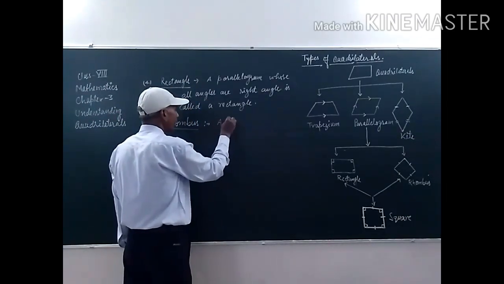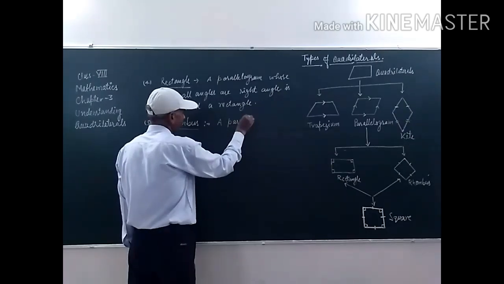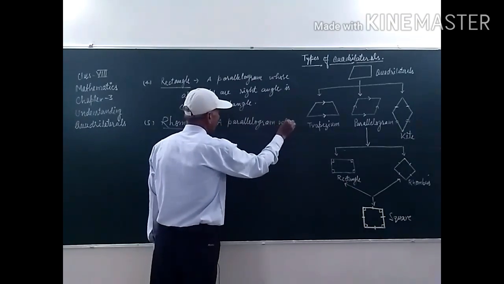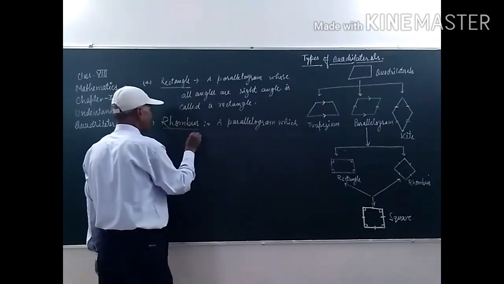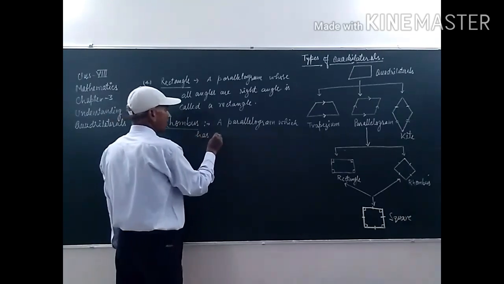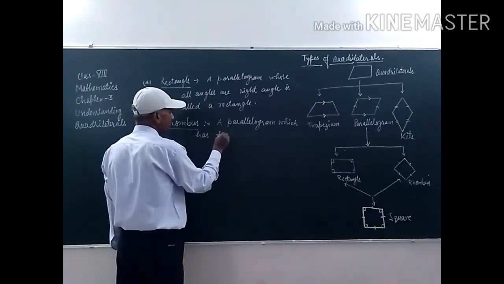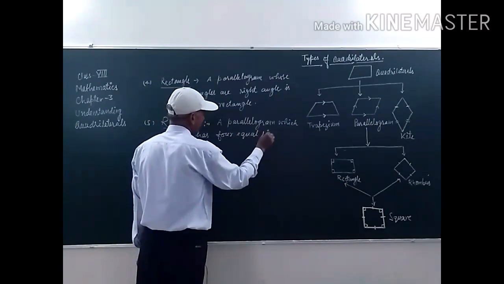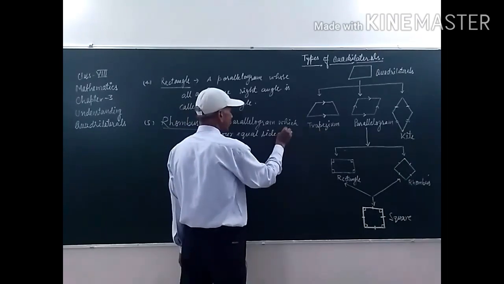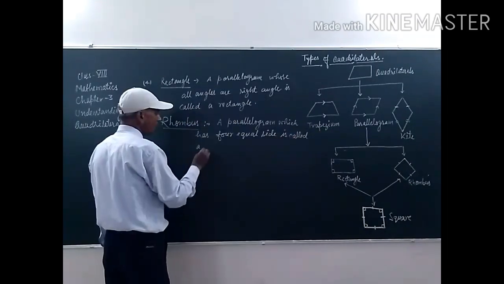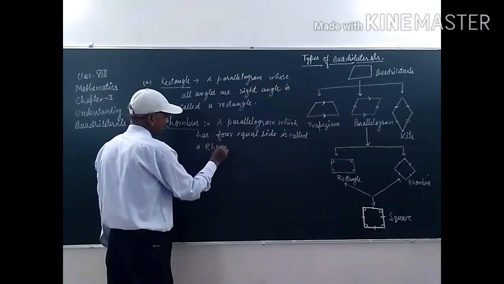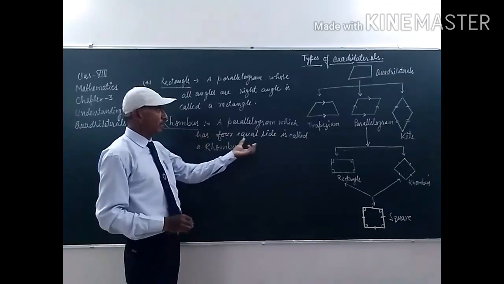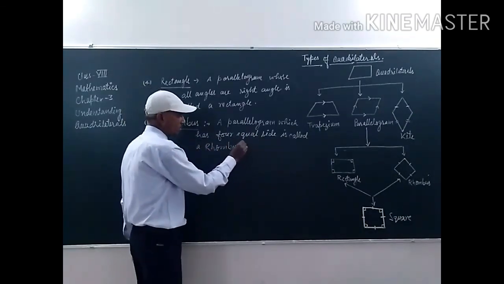A parallelogram which has four equal sides is called a rhombus, students.